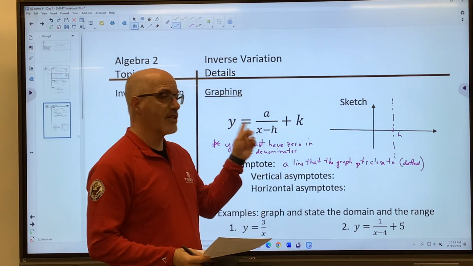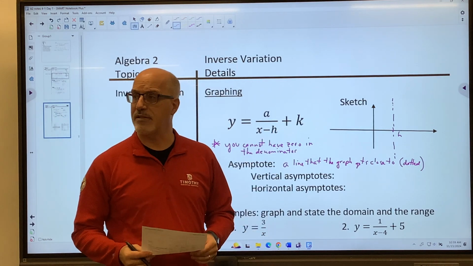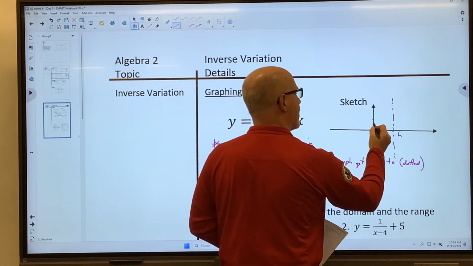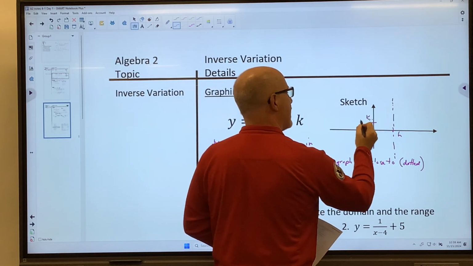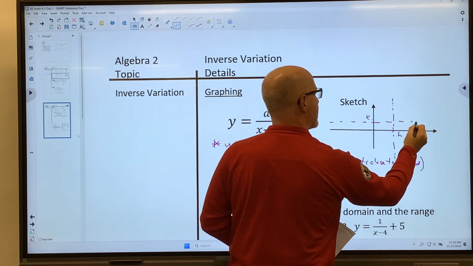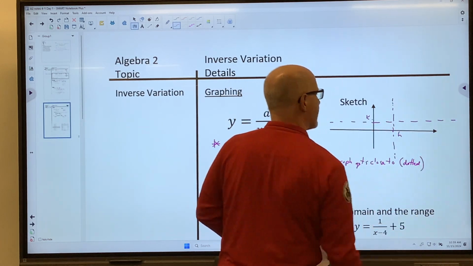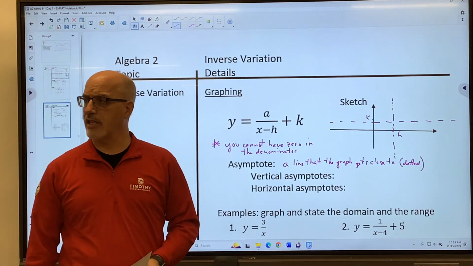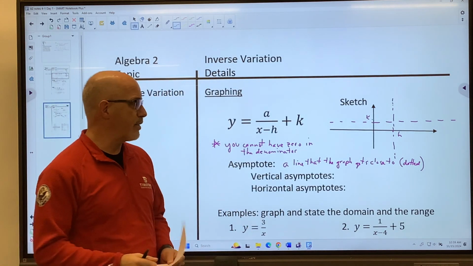This k is going to be at my horizontal asymptote. So for this, I'm going to go up to k here, I'll put k right there, and draw a horizontal asymptote. So those are values that we're not actually going to get to, we're going to get close to on the graph.